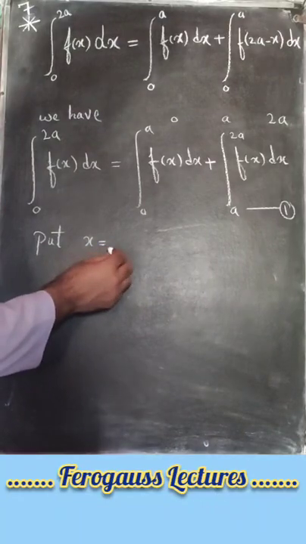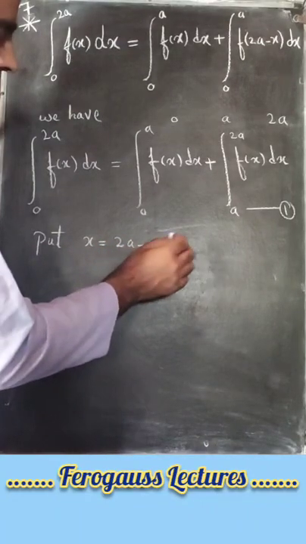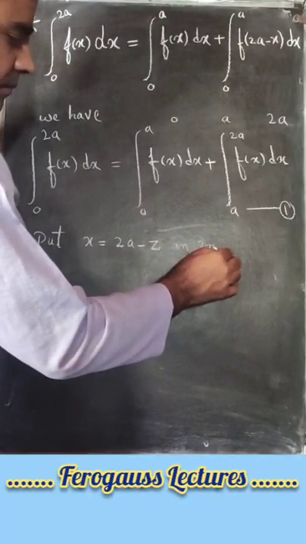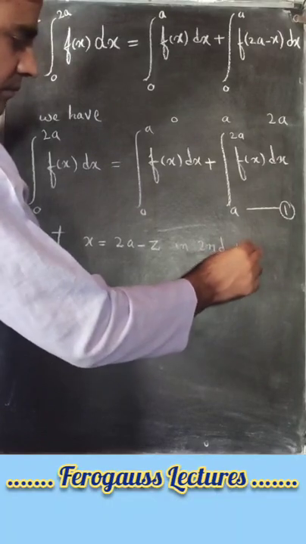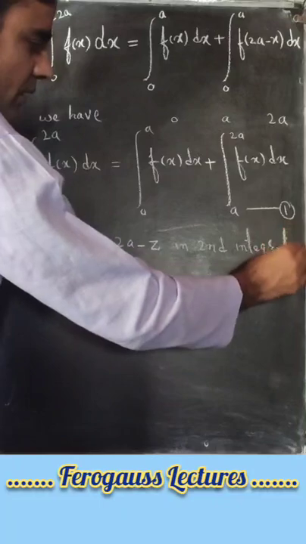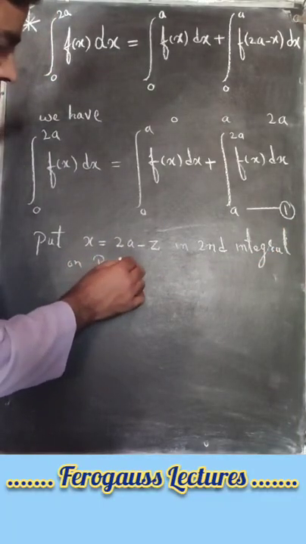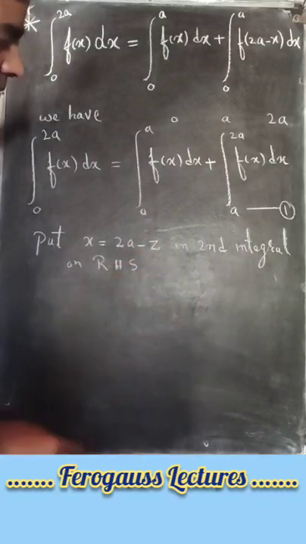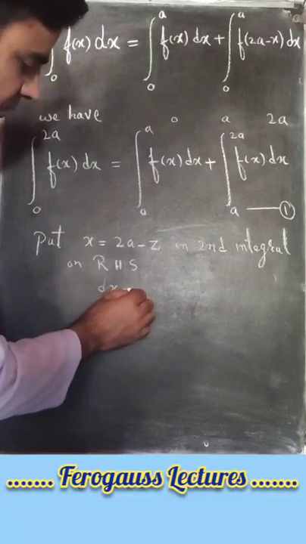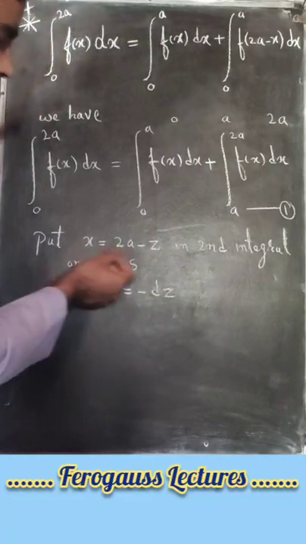Now put x equal to 2a minus z in the second integral on the RHS. Okay, then we have dx equal to minus dz on differentiating.